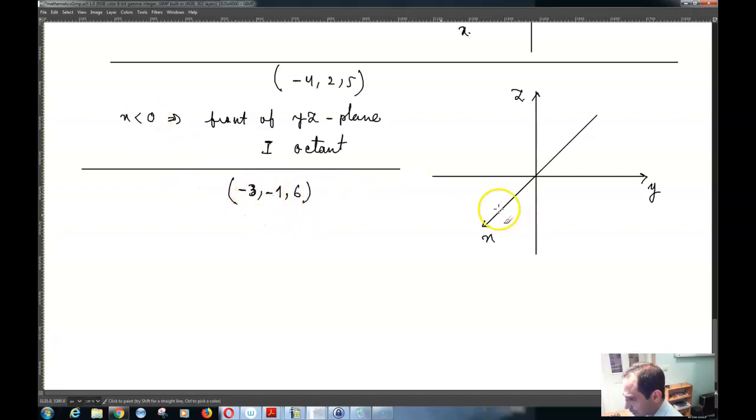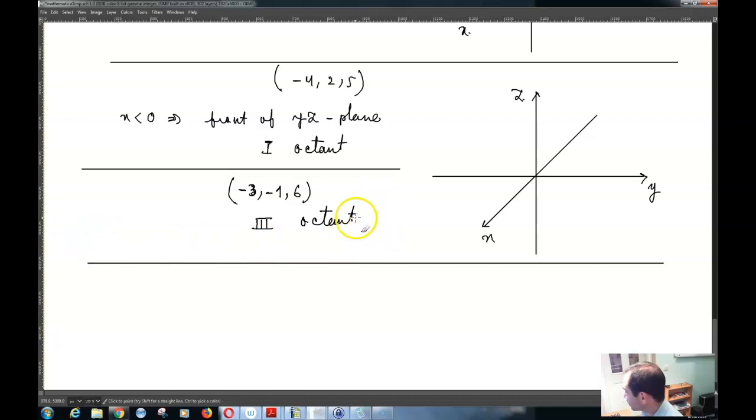So your x is negative, meaning that you'll end up back there, behind the YZ plane, and then y is -1, which is a negative number, so you will end up to the left of the XZ plane, and the z is positive, so that would be the third octant. If you do a couple of these, you will get the hang of it.